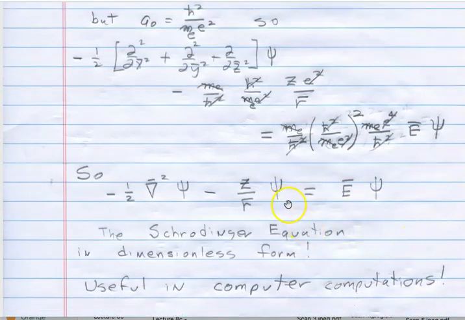Well, lots of times people prefer to write the Schrodinger equation in a dimensionless form like this and solve for the wave function. That has certain advantages, particularly as we'll see. To solve any realistic problems, you have to go to the computers and have a program that solves the Schrodinger equation numerically for you.